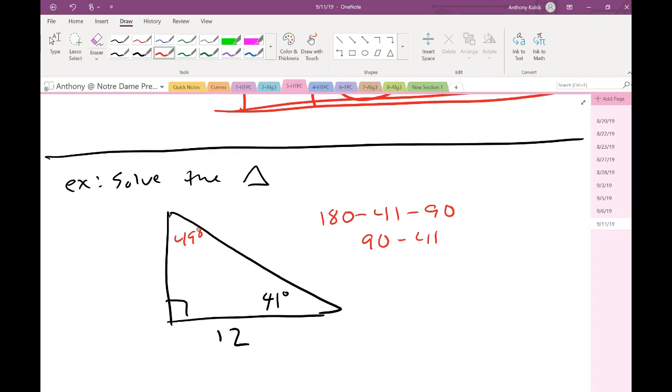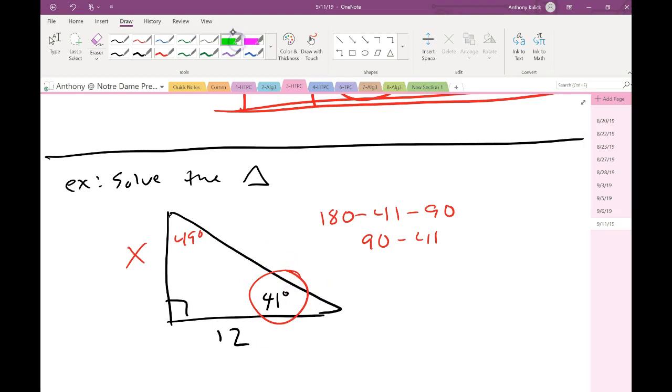Okay. Let's find one of these other two side lengths. Does anyone have a preference on which side length to find? Okay, you want to find this side then? I'm going to call this X. Next we need to pick an angle to use. Which angle would you like to use? The 41.